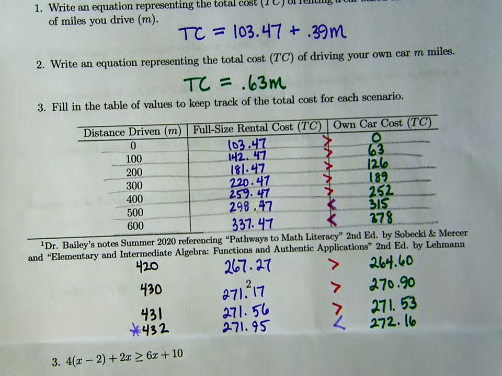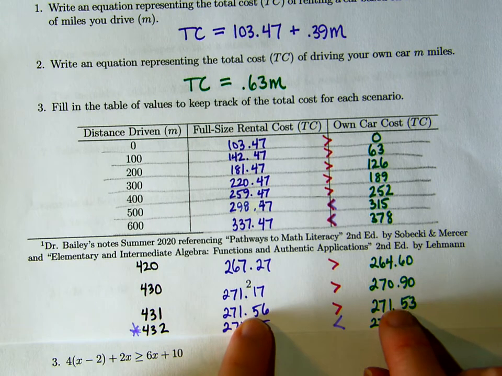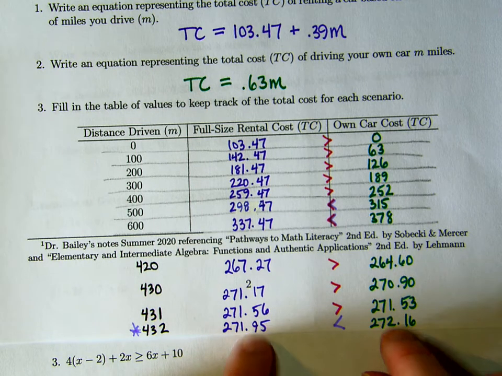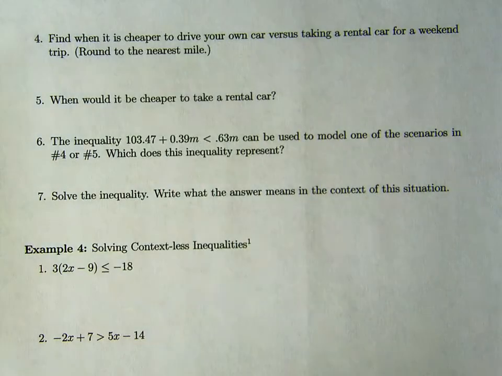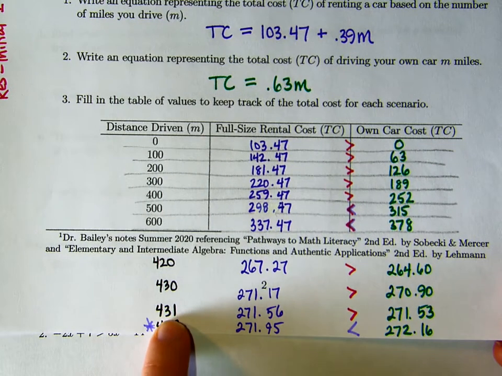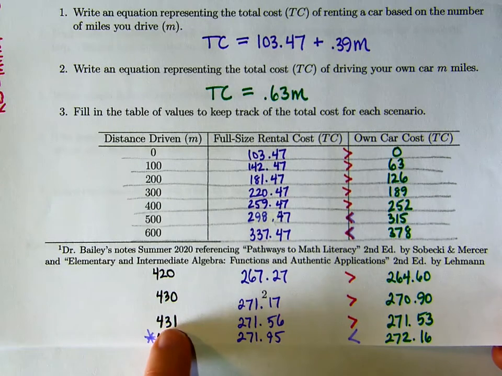Okay. So, I mean, this is really, really close. But this is where it finally reversed. And, okay, so, woo, that took a lot of work. So, find when it is cheaper to drive your own car versus taking a rental for the weekend trip. Well, okay, it was cheaper all the way up until 431 miles, and then it switched.